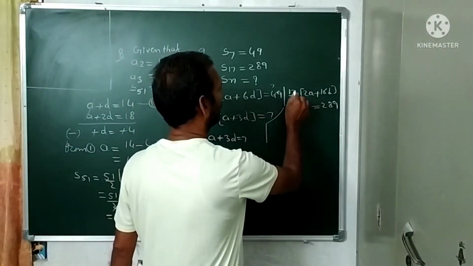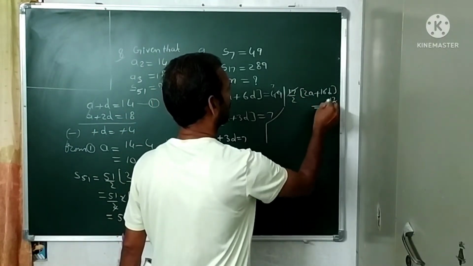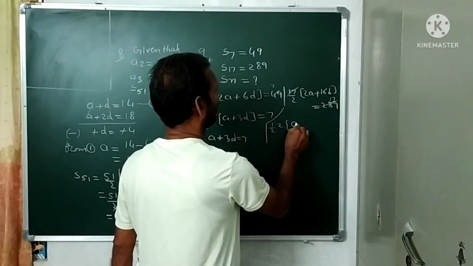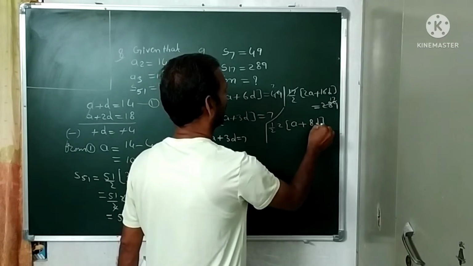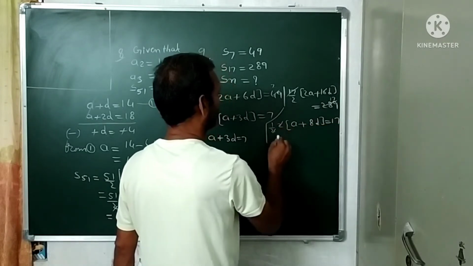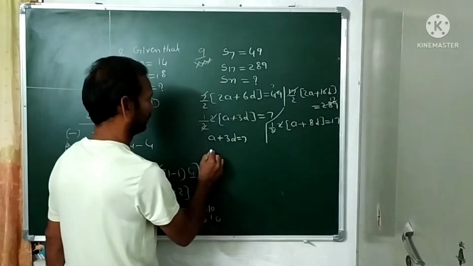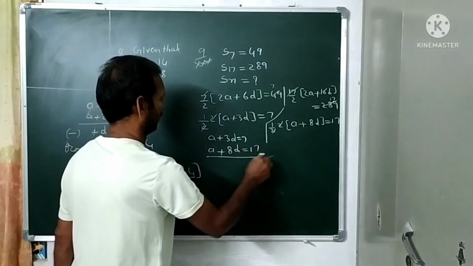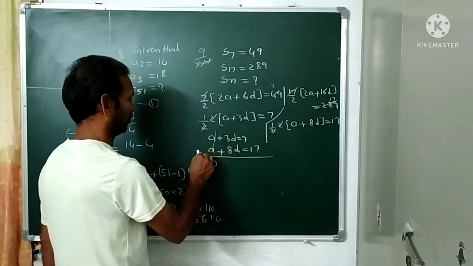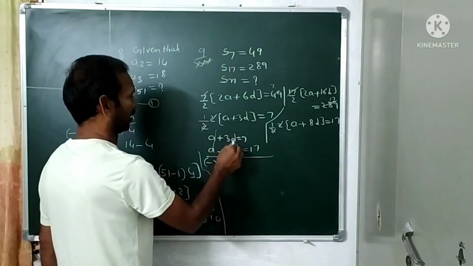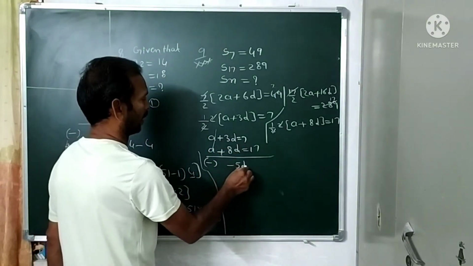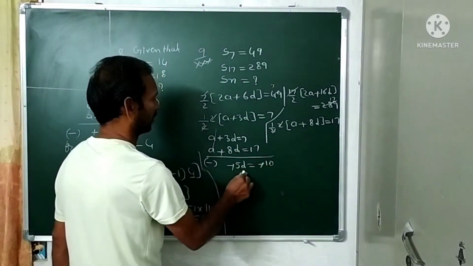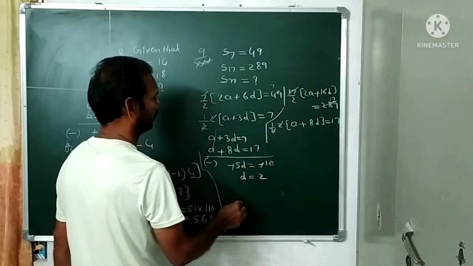Here 17 cancels, 17 times. 1 by 2, take 2 common, a plus 8d equals 17. Subtract these two, a cancels. 3d minus 8d is minus 5d, 7 minus 17 is minus 10. So d is equal to 2.